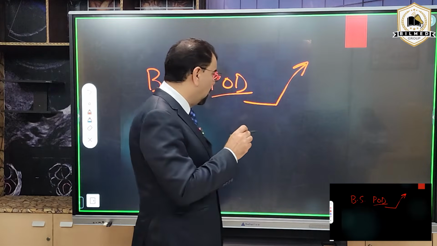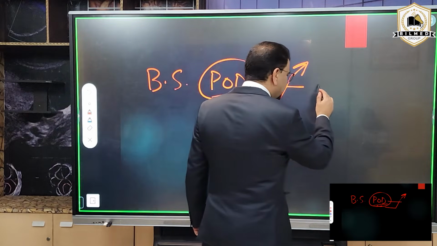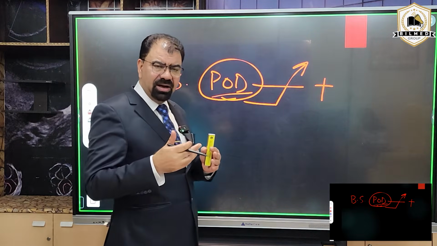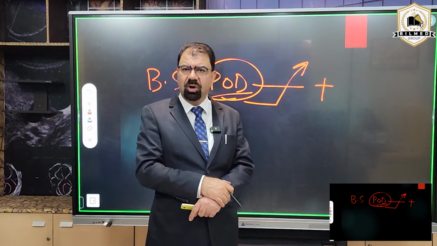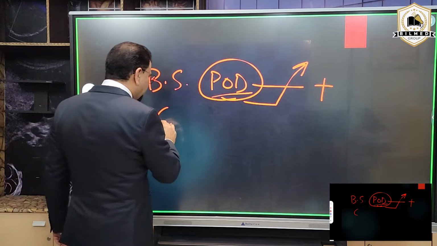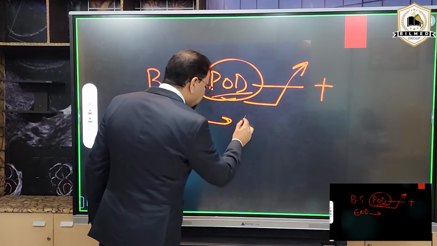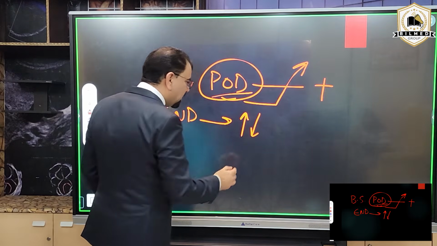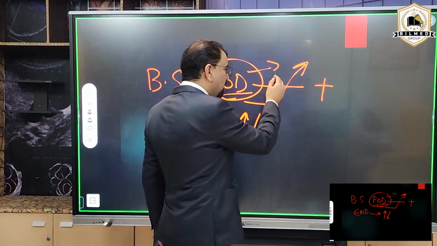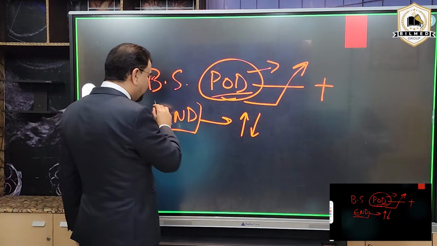But not only this POD fluid. Now see, if I have POD fluid, and I am thinking along the lines of a ruptured follicle, what should the endometrium show me? Will endometrial hyperechogenicity increase or decrease? Tell me in the comment box right now. If this POD fluid is due to the rupture of the follicle, what will the endometrial echogenicity be?